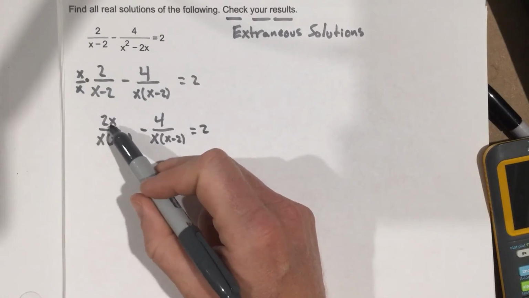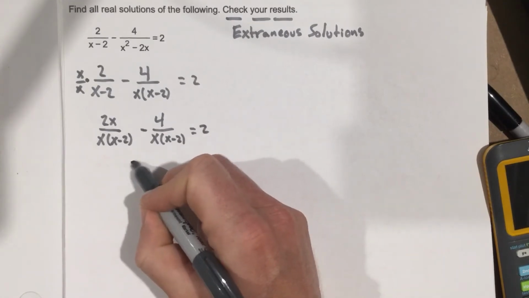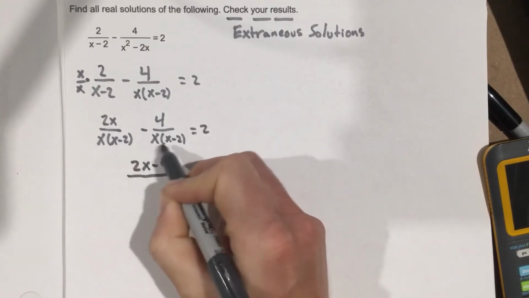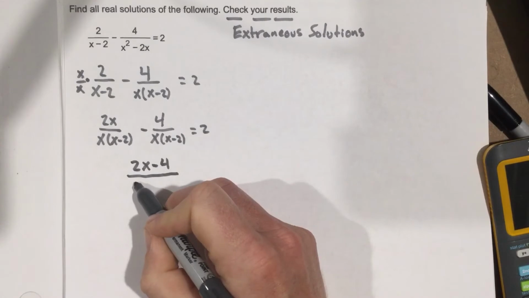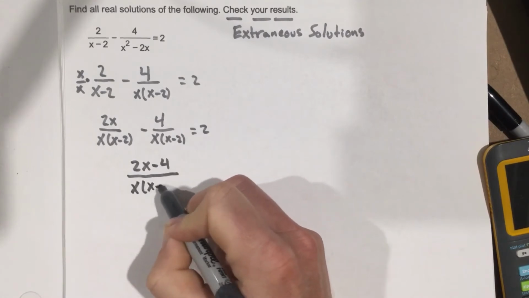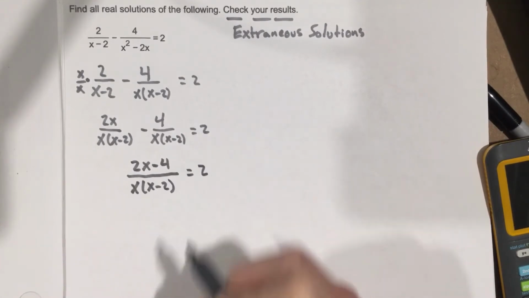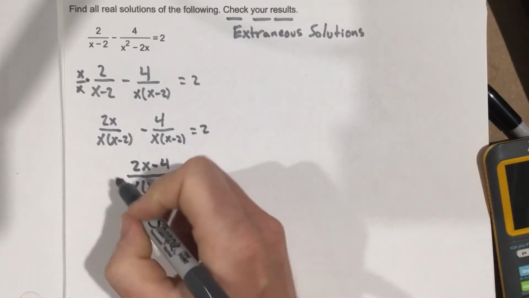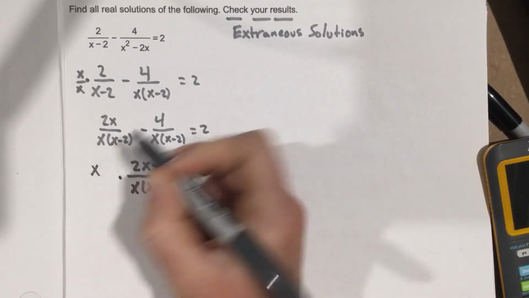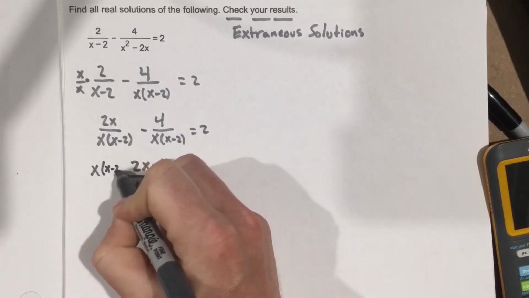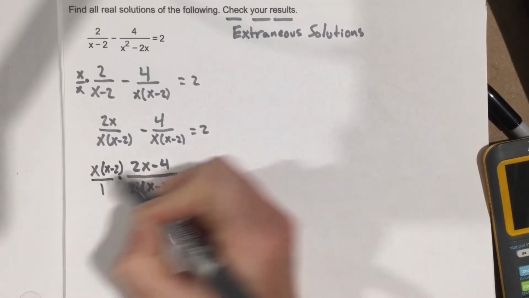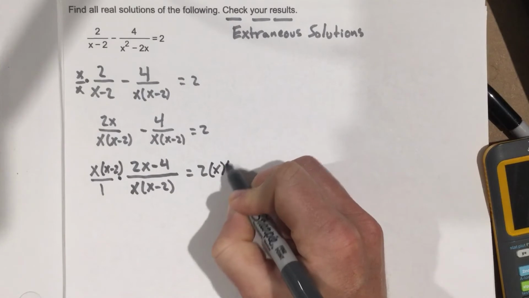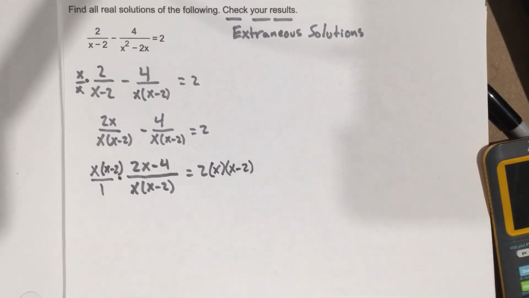We're going to then combine this together. That'll be 2x minus 4, because they have a common denominator, we can actually combine the two fractions. That's over x minus 2 equals 2. And now I just need to multiply by x minus 2 over 1 to that side, and then I need to multiply this side by x minus 2 as well.